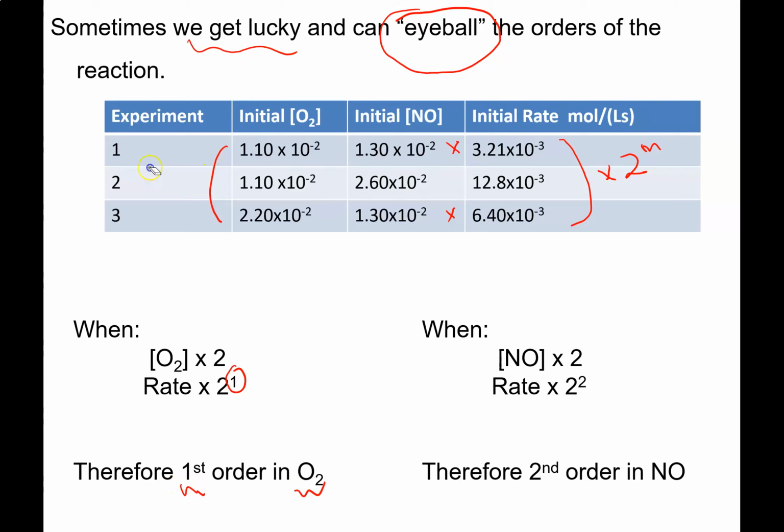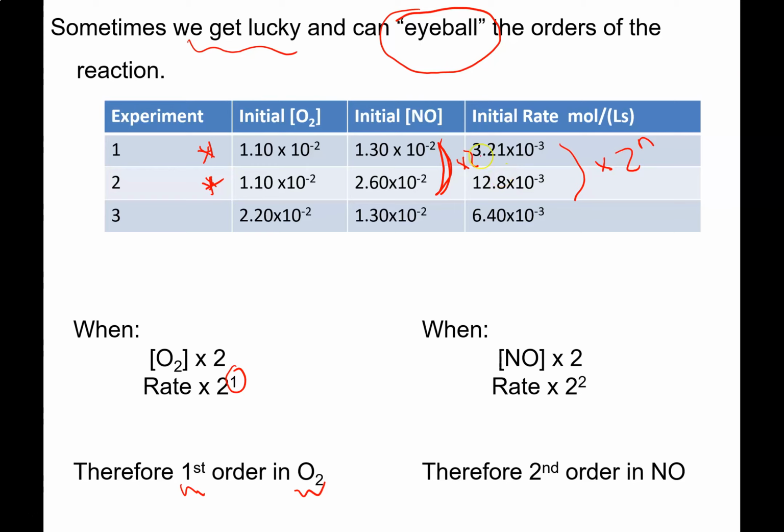So let's go on and do the same for NO. We need two experiments where the O2 is not changing, and that's going to be 1 and 2. And then when I look at what happens to my concentration of NO in those two experiments, it doubles. So I know that this is going to be multiplied by 2 raised to some power.